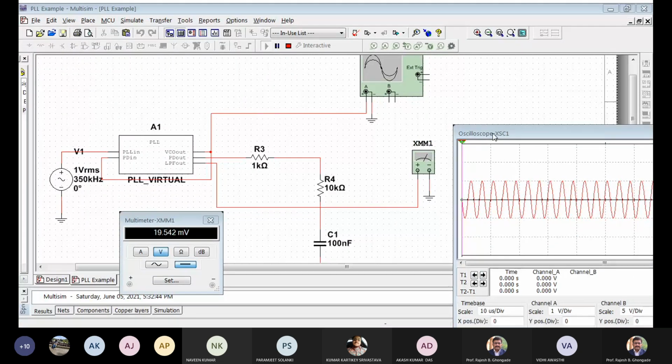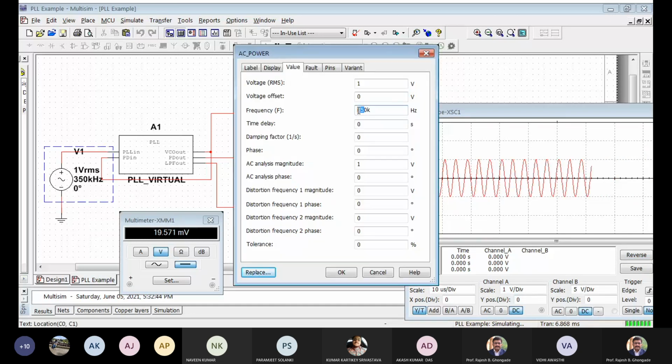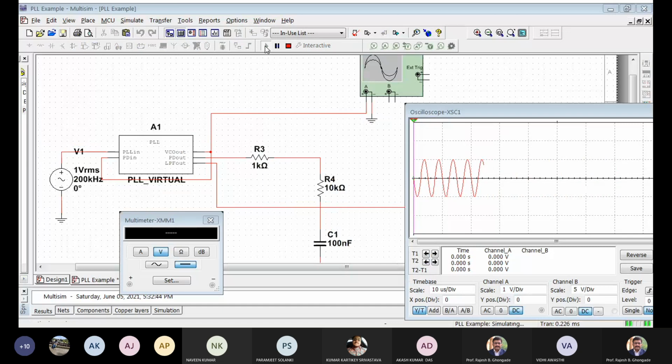So as I change the frequency, let us say 200 kilohertz, you see the voltage over here has changed.